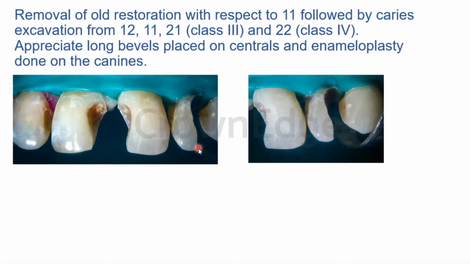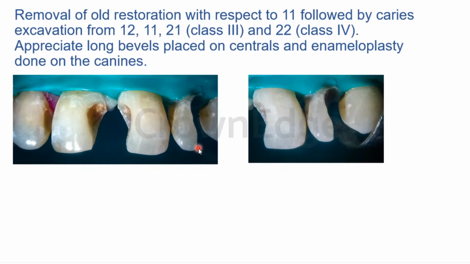Right. So in this case, we used Adper Single Bond 2, which was scrubbed with an applicator tip. Remember, this applicator tip should be immersed in bonding agent, and it should be fully soaked in bonding agent before we go ahead and cure it, right?